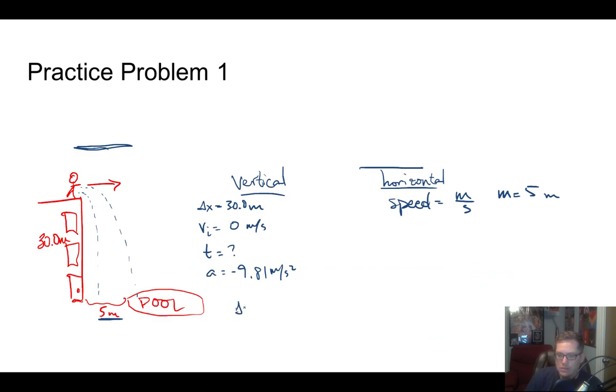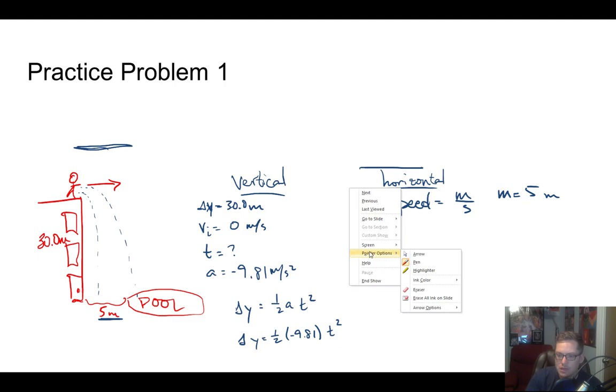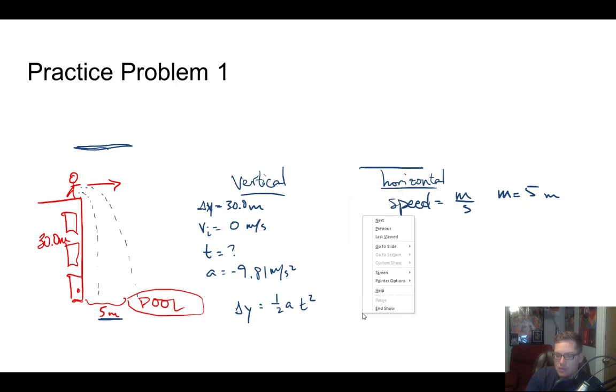So our delta y, and maybe I'll change this here just so we don't get confused. Delta y is equal to 1/2 times at squared. All right, so delta y is equal to 1/2, and our a is negative 9.81. All right, and our t, that's what we're solving for. Wait, we should stop this for a second. I'm sorry. We should be doing this like physicists and not like mathematicians.